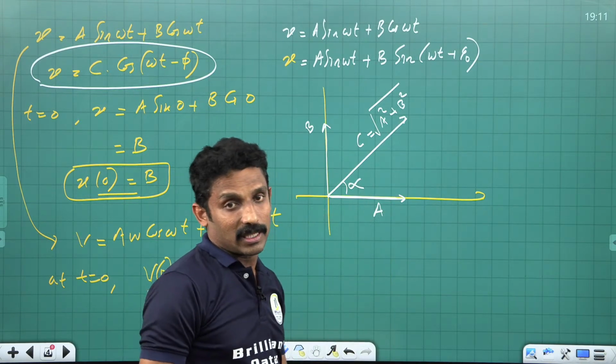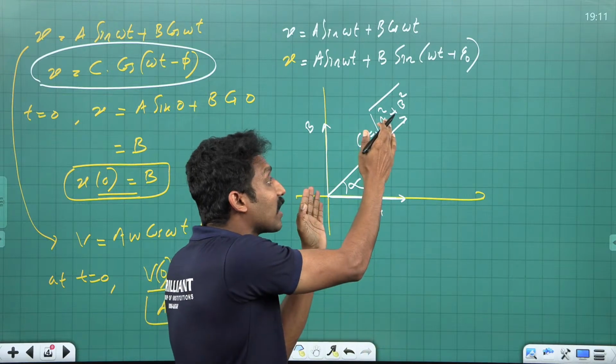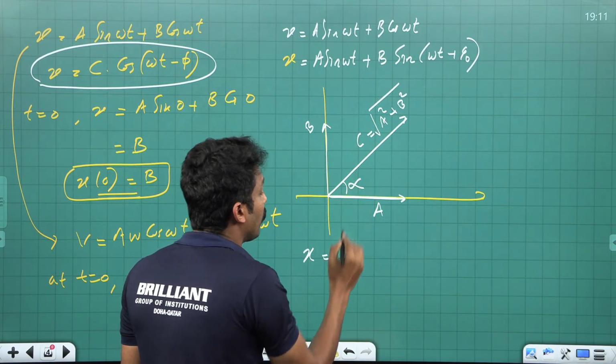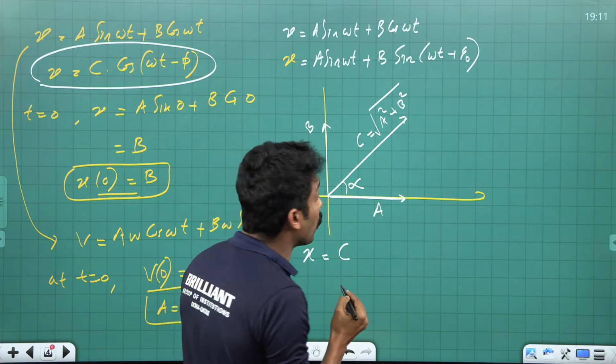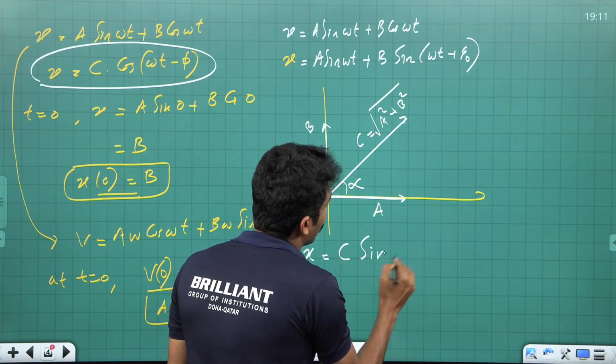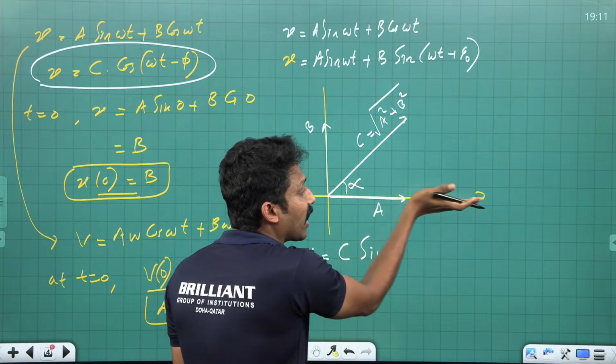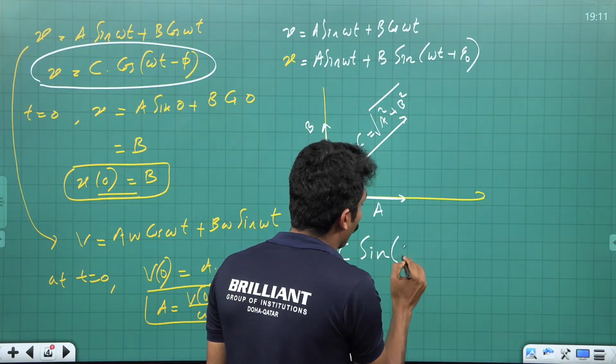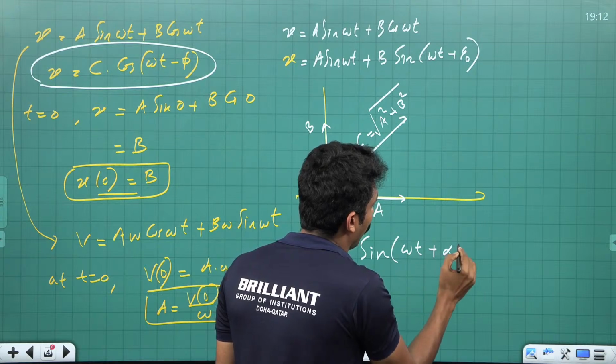Clear? Let this angle be alpha, since phi is already given, so I am taking this as alpha. Now, with this resultant amplitude, we can write x is equal to C into sine of omega t plus alpha.